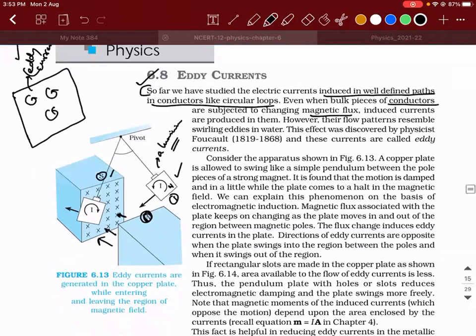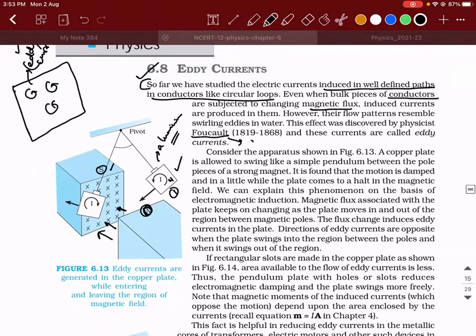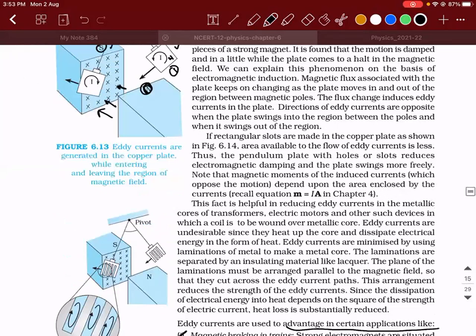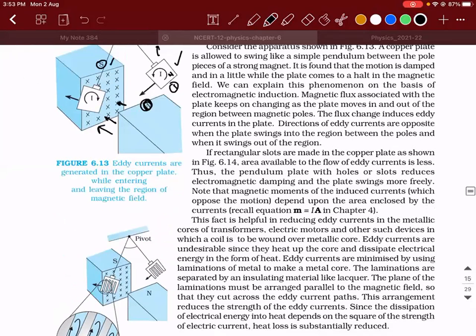And some books refer to them as Foucault currents, because that is the name of the scientist who observed this. So that is happening with a completely closed sheet or a sheet with slots on it.